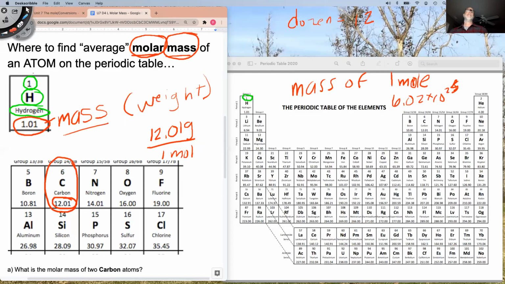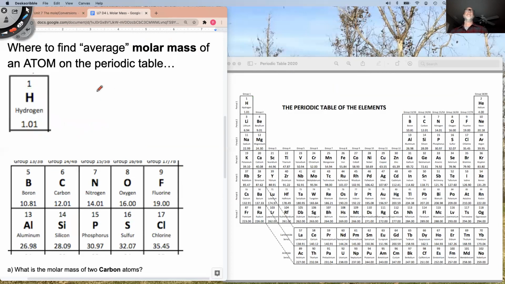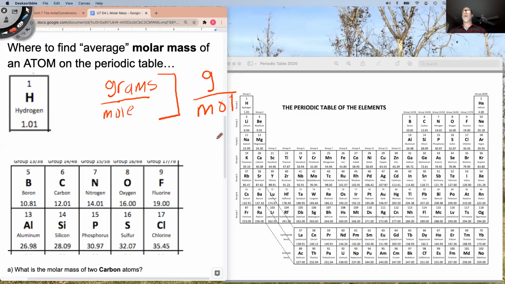All right. Now, this is kind of a new idea, but we're going to measure molar mass in the unit grams per mole. And you're going to write it grams per mole. But lucky for you, I'm going to allow you to abbreviate the word grams and the word mole. You're going to be able to abbreviate the word grams with the letter G, and you're going to be able to abbreviate the word mole by writing MOL. I know it doesn't seem like a lot, but that little E, we're going to use it. We're going to use these words a lot.